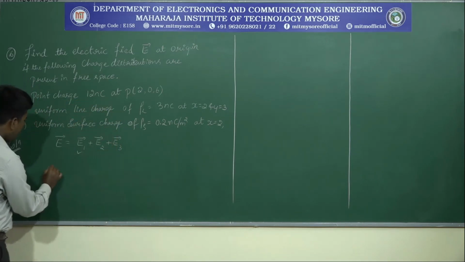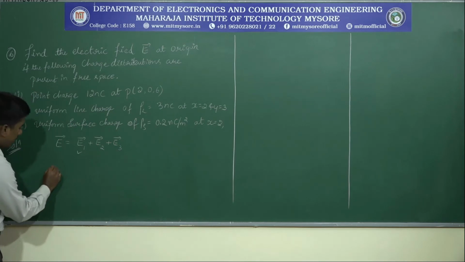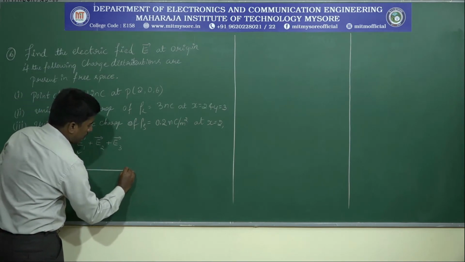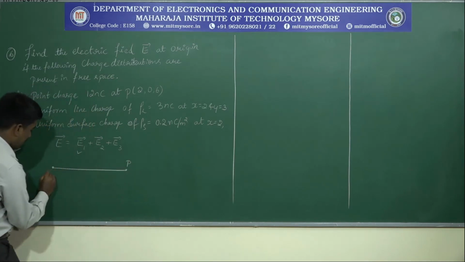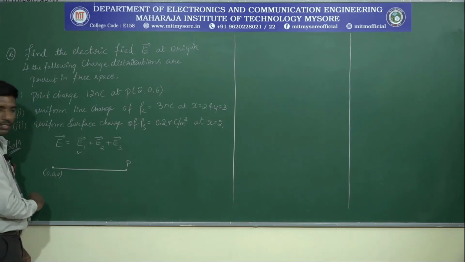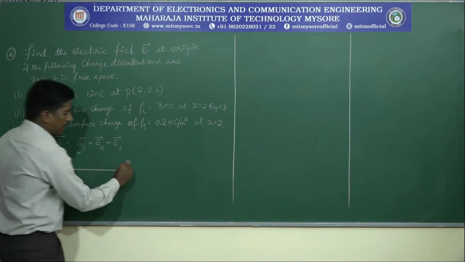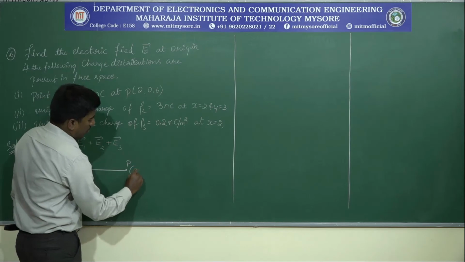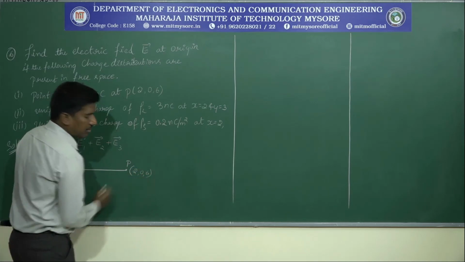Let us describe the problem statement. We have a point from the origin (0, 0, 0). Since it is given as the origin, it is (0, 0, 0). Let us name it as point A and let us name this point as P, which is (2, 0, 6).